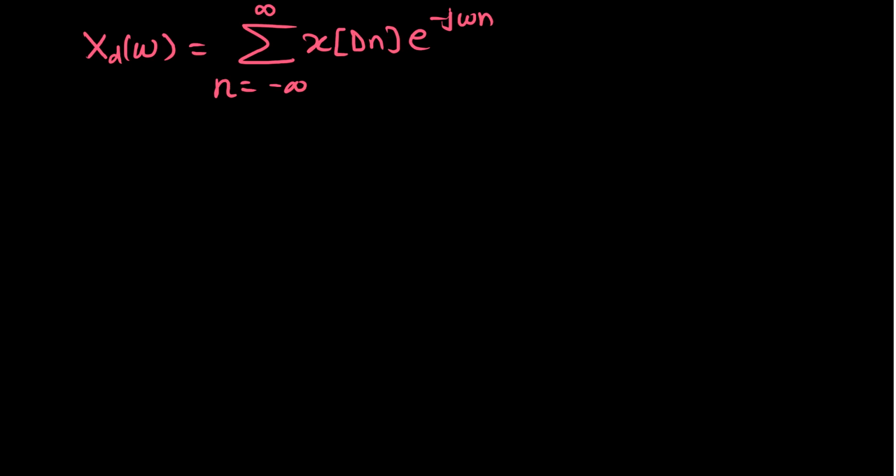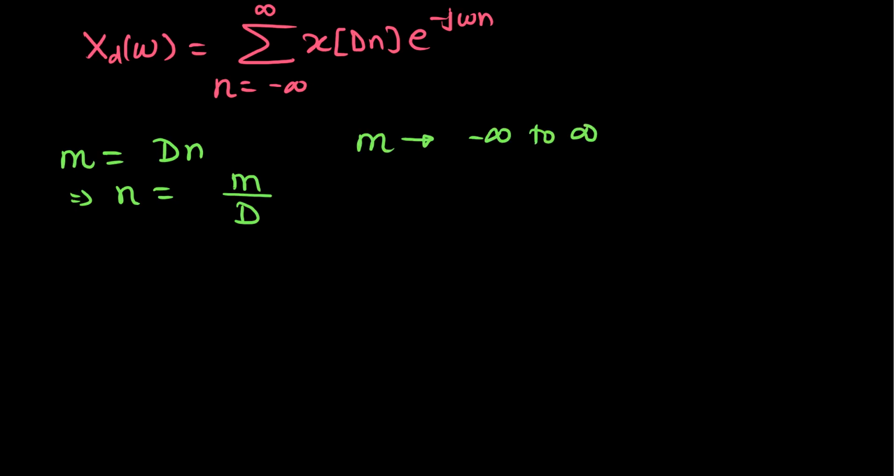Now we will make a small substitution here: we substitute m as dn, and therefore n is m by d. If we check the limits, as n ranges from minus infinity to infinity, m will also range from minus infinity to infinity.